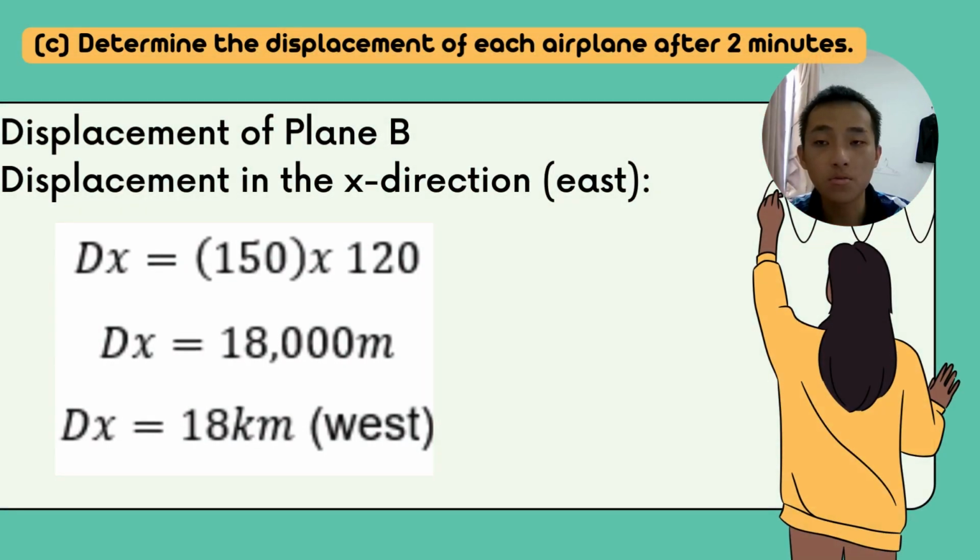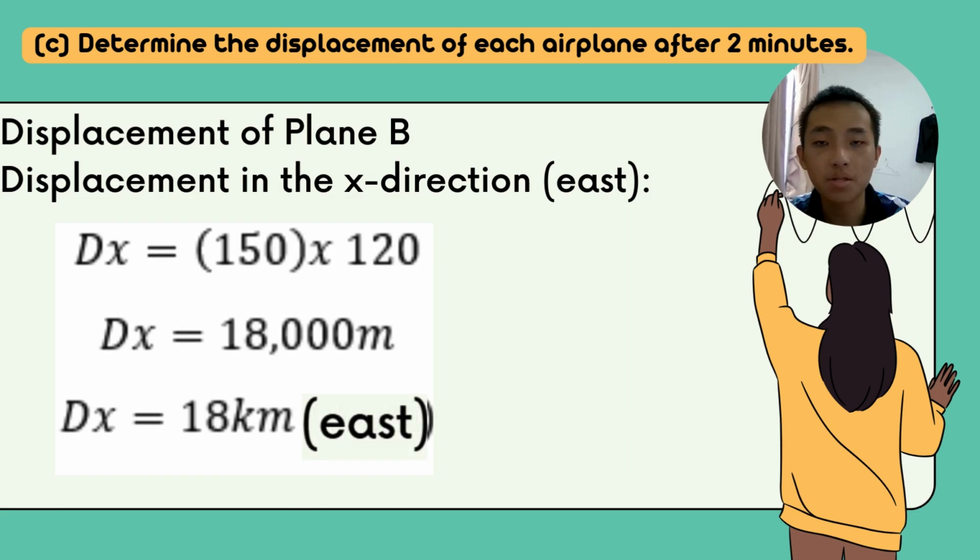So if we want to find the displacement of plane B, we need to find the displacement in the x direction first. The displacement in the x direction is 150 times 120, which is equal to 18,000 meters and is equal to 18 kilometers to the east.